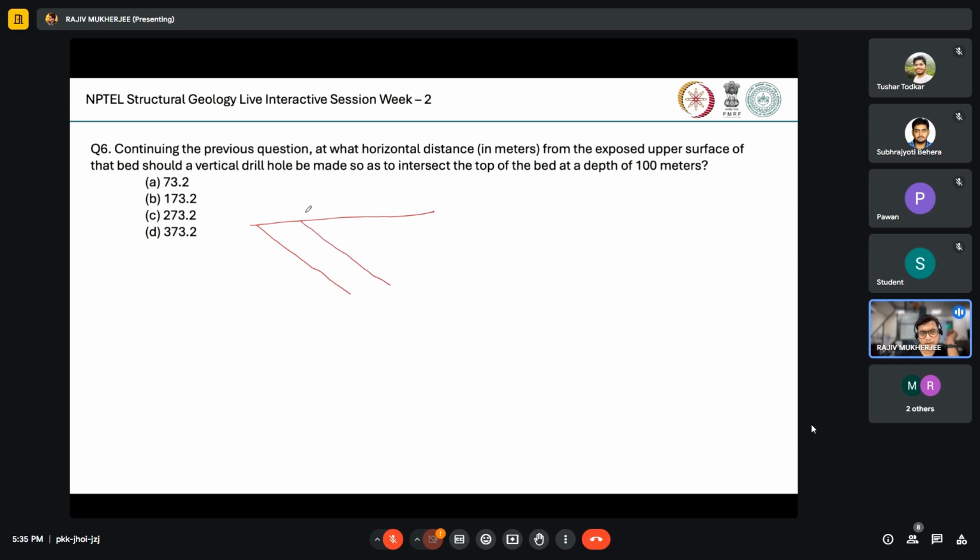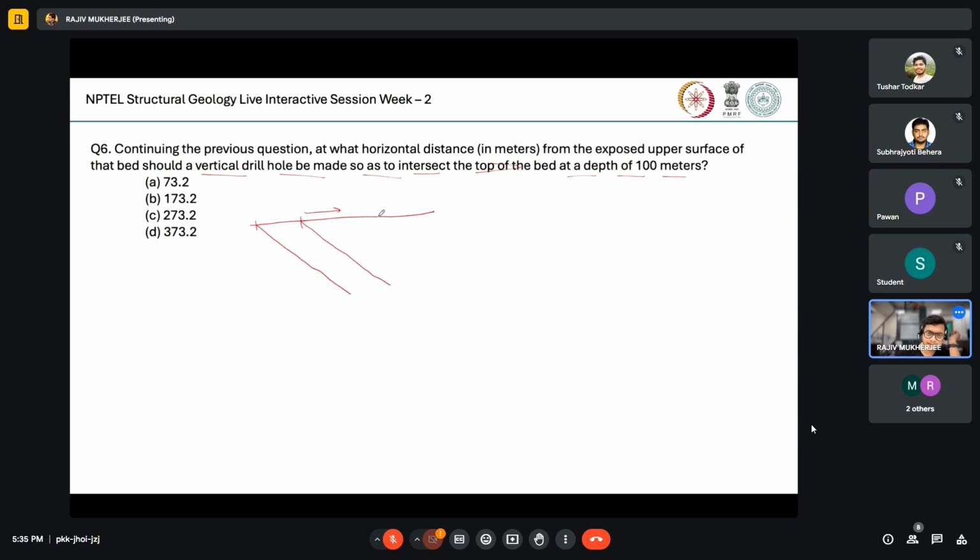I mean, along what distance in meters from the exposed upper surface of the limestone bed, should a vertical hole be made so as to intersect the top of the bed at a depth of 100 meters.